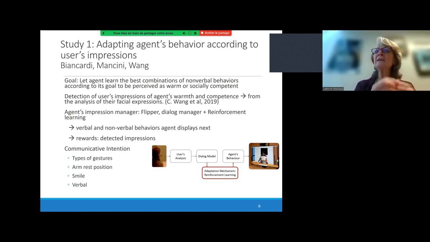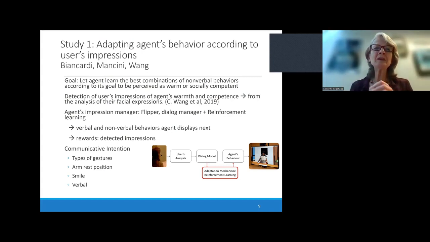It could be deictic, iconic, performative gestures, beat gestures, as well as different types of arm rest positions, akimbo or like that, arms crossed or along the body and things like that. But we also consider smiles and different verbal intentions. For the dialogue model, we relied on Flipper, which is a dialogue model developed at the University of Twente.